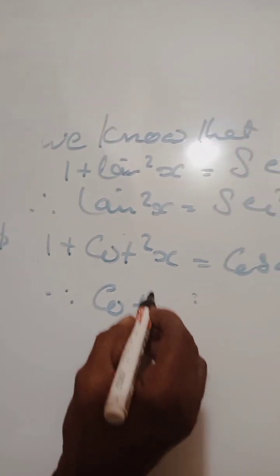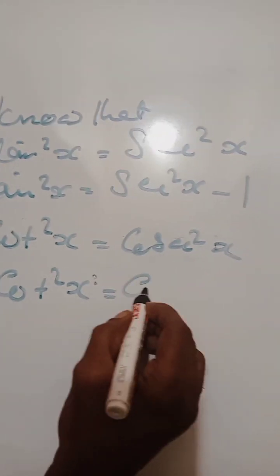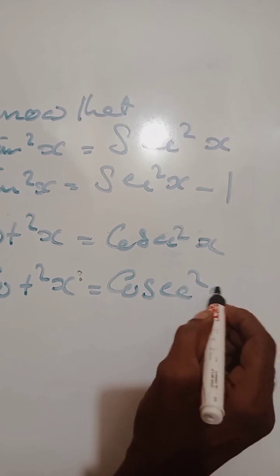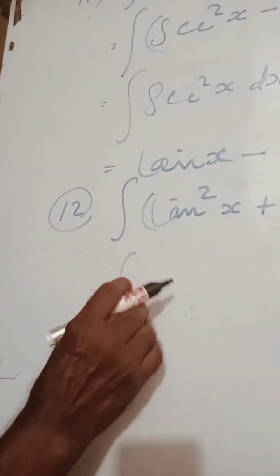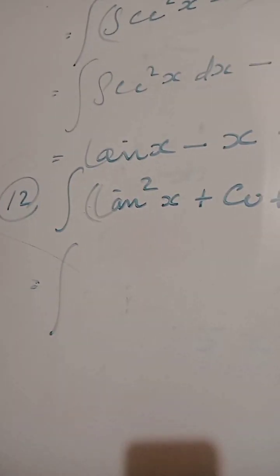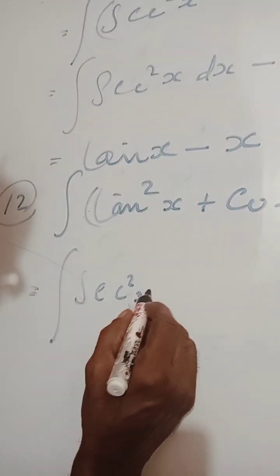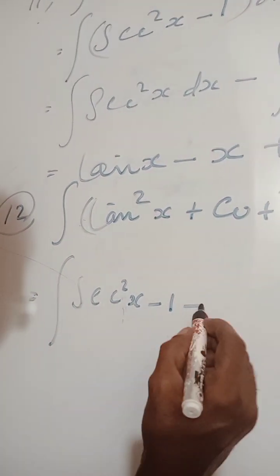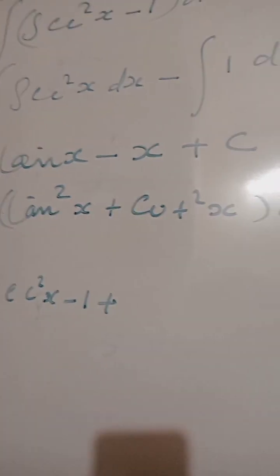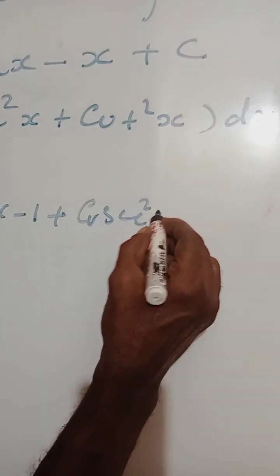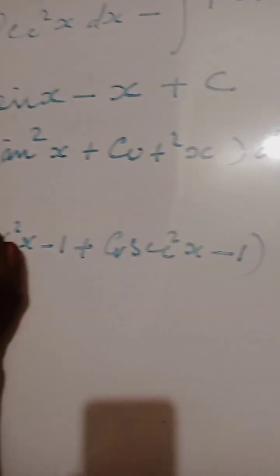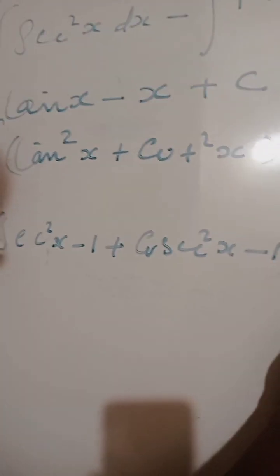Therefore, cot square x is equal to cosec square x minus 1. Therefore, this is equal to integration of tan square x, we can write as sec squared x minus 1, plus, instead of cot square x, we write cosec squared x minus 1, the whole into dx.